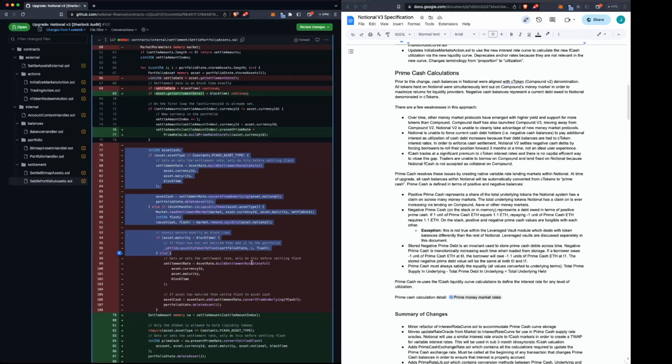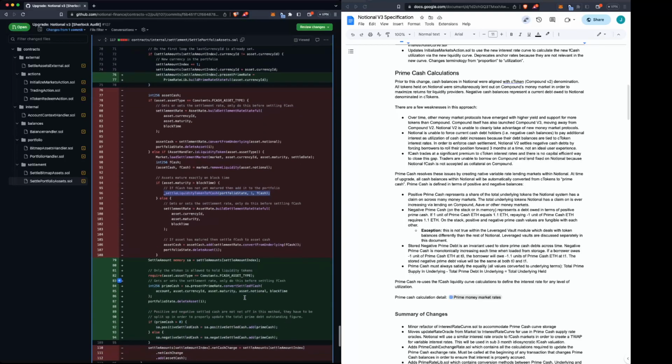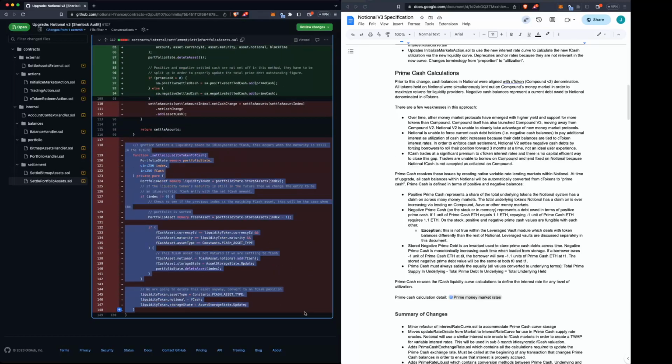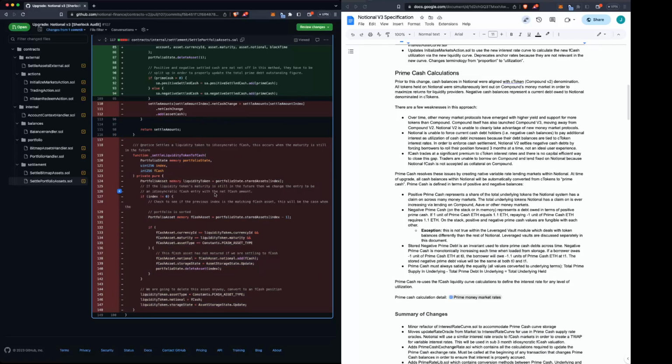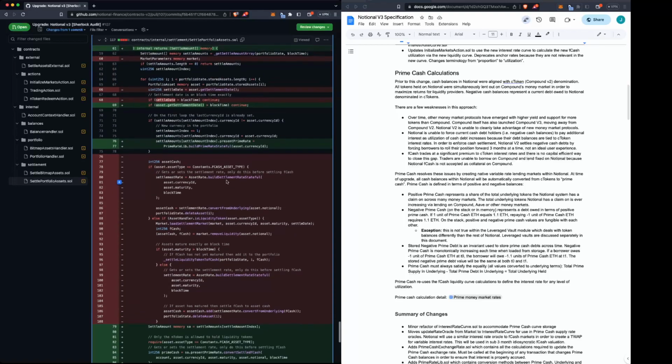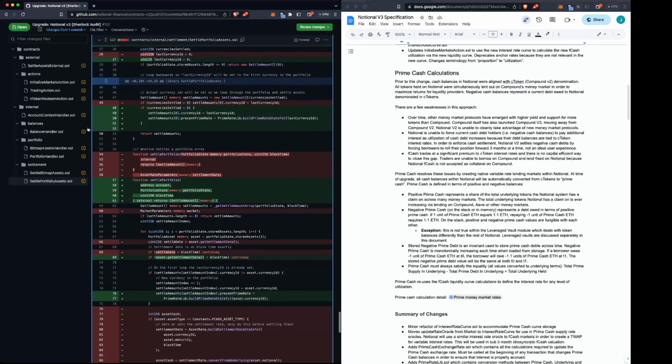There are more changes here, largely because the liquidity token is being removed from this settle portfolio function. So we're deprecating this functionality in Notional V3. It was never really available in Notional V2 anyway. So this is really cleaning up this file, and it's a lot simpler to read now.